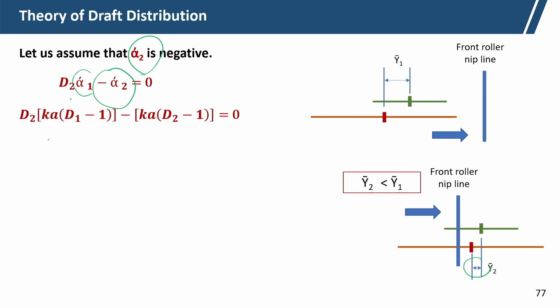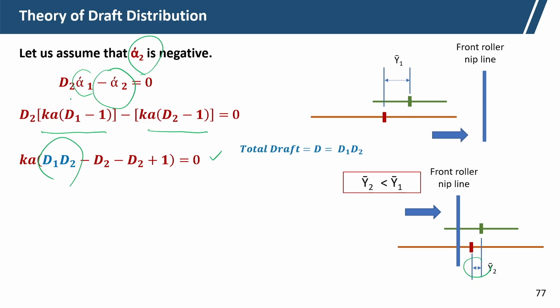So, alpha dash 1 we have this value, and alpha dash 2 we have already derived, and this is equal to 0. Rearranging this equation, we get k A multiplied by d1 d2 is d minus d2 minus d2 plus 1. The total draft is d1 d2, so we replace it.